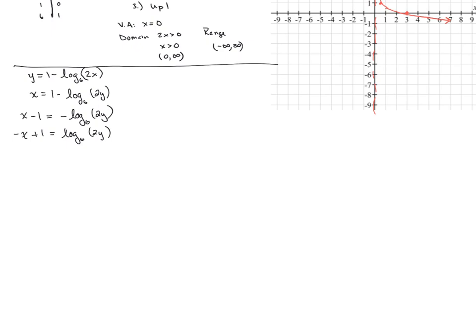Now convert this to an exponential. So the base will be 6, the exponent will be -x plus 1, this equals 2y. Now, if we divide both sides by 2, we have 1/2 times 6 raised to the -x plus 1 equals y.